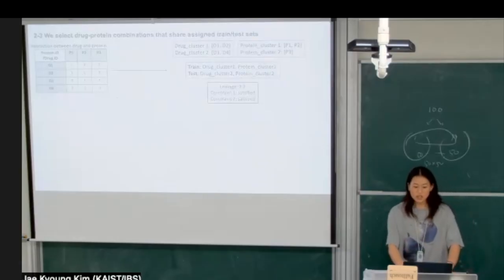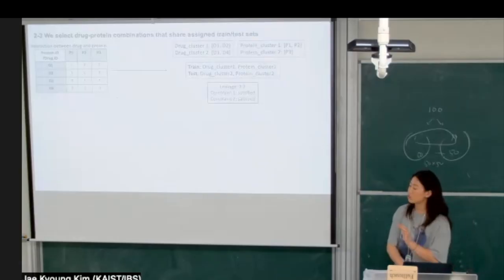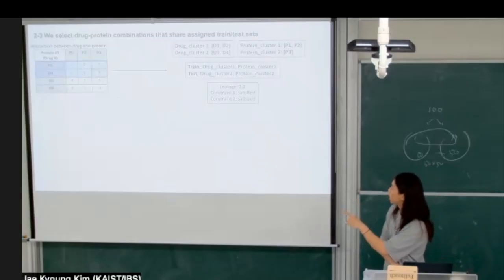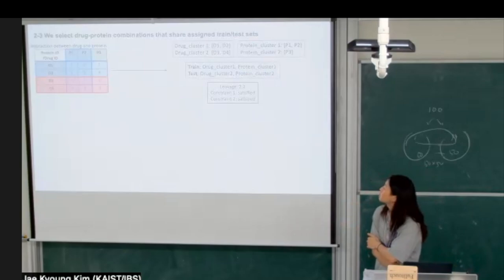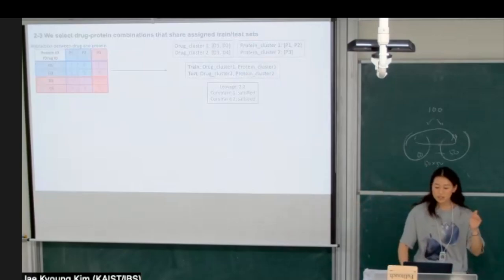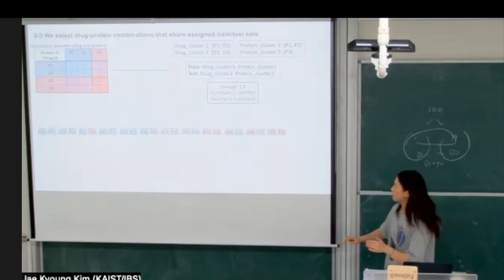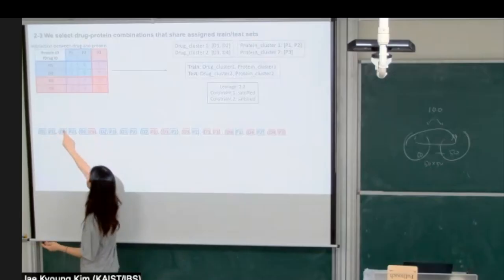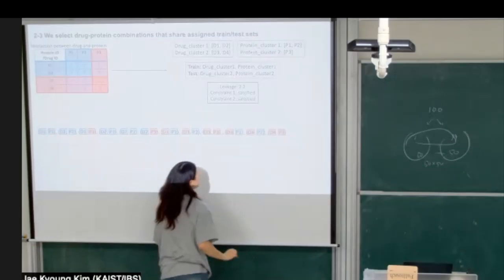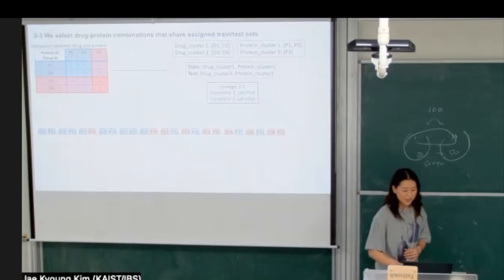If we visualize, we say that drug cluster 1 is train, drug cluster 2 is test, protein cluster 1 is train, and protein cluster 2 is test. If we lay out all the interactions, it'll look something like this, where D1 and P1 are both train, D1 and P2 are both train, like that.